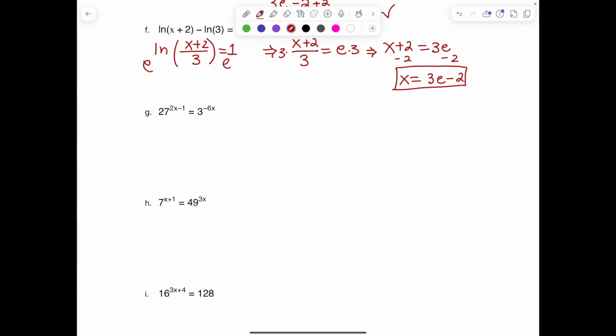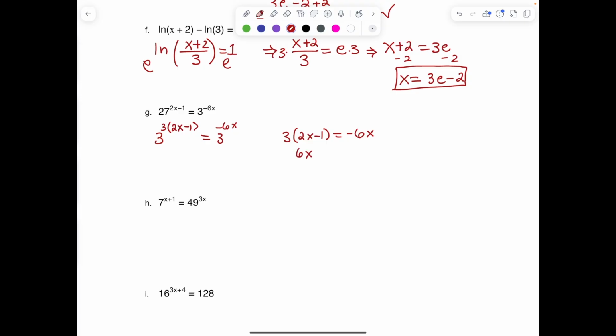Okay, so the next type of problem we're going to want to solve are some exponentials. So we have 27 to the 2x minus 1 equals 3 to the negative 6x. First thing, 27 we can write as 3 to the 3rd, and then we still have that 2x minus 1 equals 3 to the negative 6x. And when their bases match, then we set the exponents equal. So that's 3 times (2x minus 1) equals negative 6x.